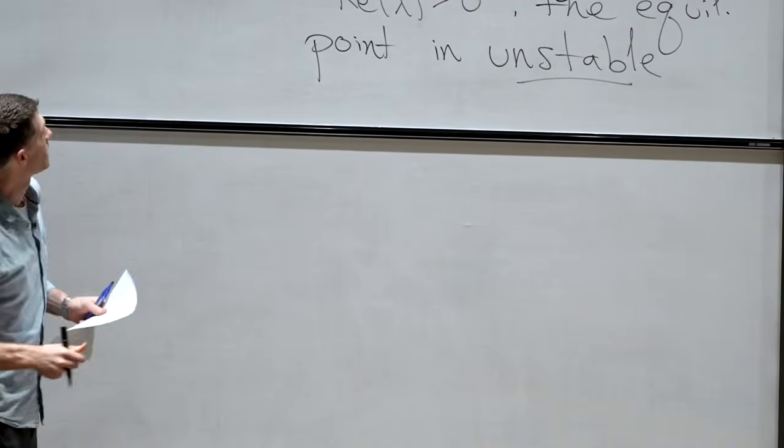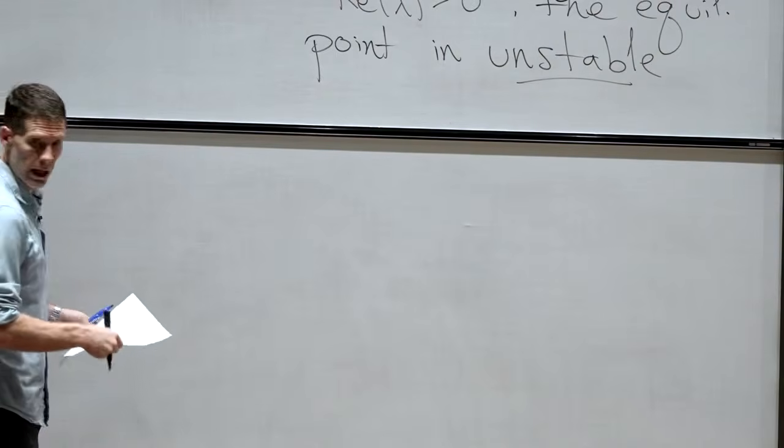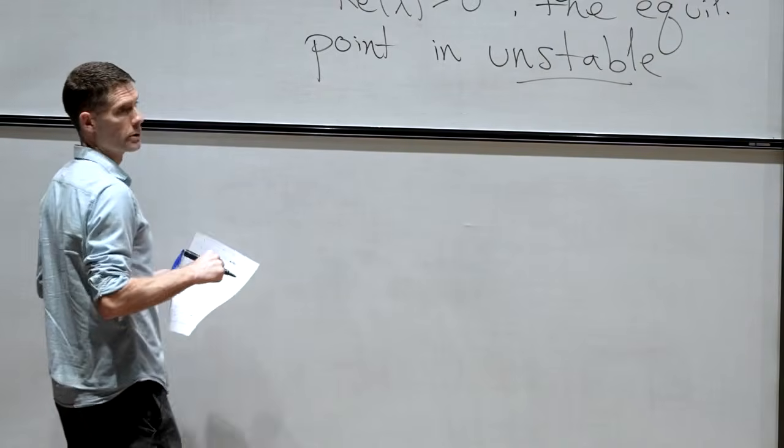And the corollary to that is that if all four of them have real parts less than or equal to 0, the equilibrium is stable.